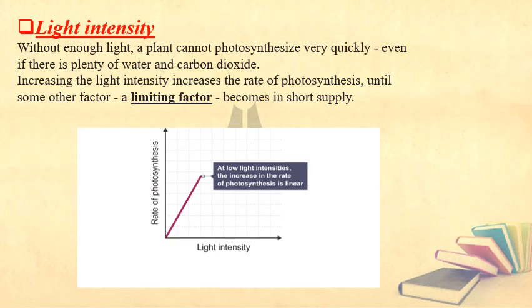What about light intensity? Without enough light, the plant cannot photosynthesize very quickly. It needs enough light in order for photosynthesis to take place quickly. By increasing the light intensity, as you see, look at the graph, as the light intensity is increasing, the rate of photosynthesis is also increasing until a certain point.